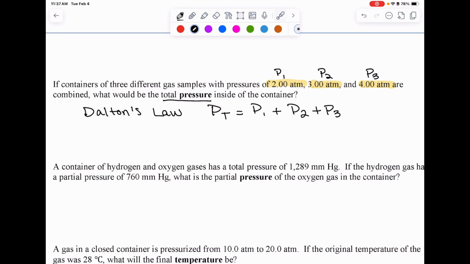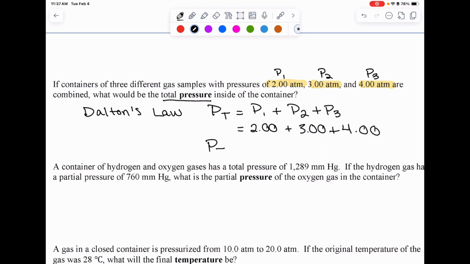So we have our total pressure, which is what we're going to be looking for, and that is all of our partial pressures added up here. We can just plug each of those in, 2.0, 3.0, and 4.0.